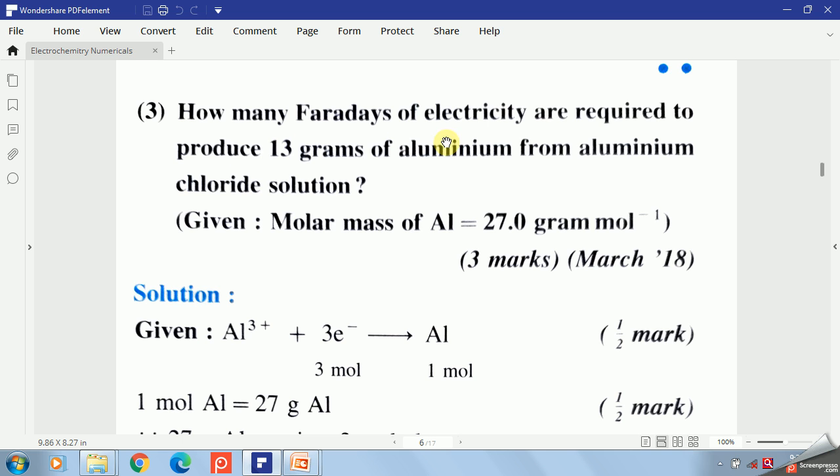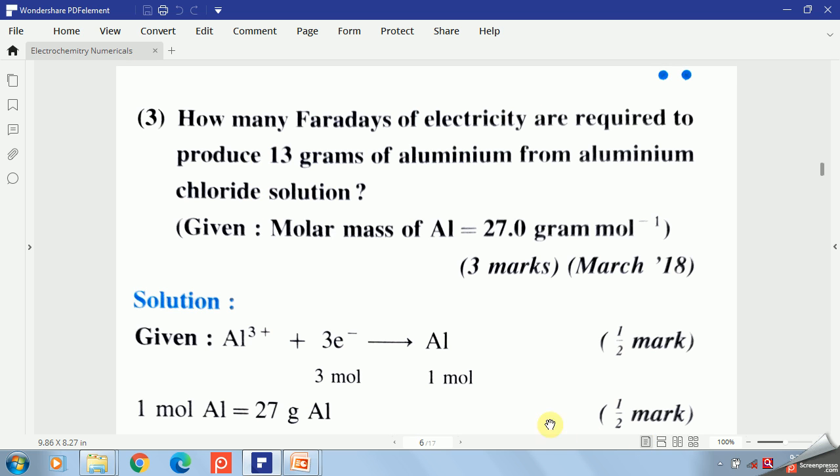The next numerical is, how many Faradays of electricity are required to produce 13 gram of aluminium from aluminium chloride solution? Okay, so the given thing is molar mass of aluminium, which is equal to 27 gram per mole. This numerical was asked in March 18. So first you must be familiar with the reaction.